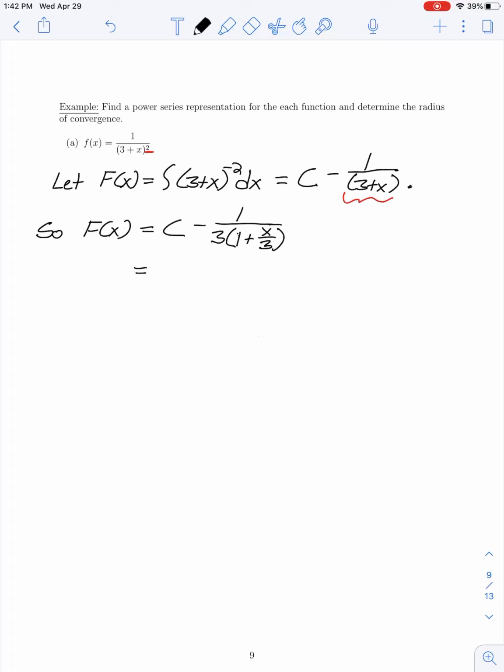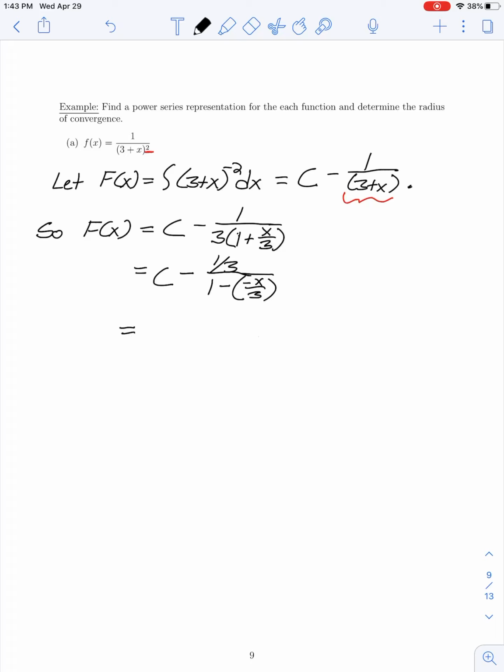So I could rewrite this as some constant c minus 1/3 divided by 1 plus x over 3, or 1 minus a negative x over 3. And this now has the form of the sum of a geometric series, a over 1 minus r.